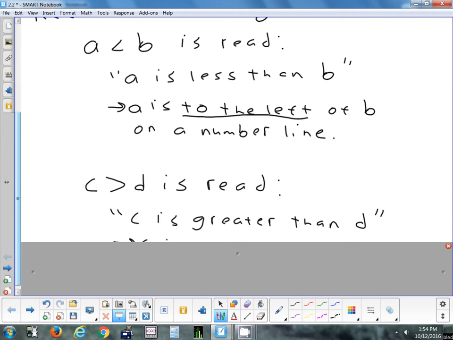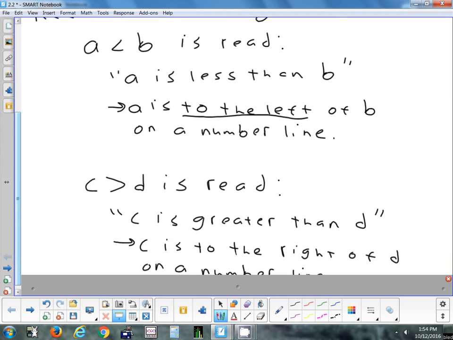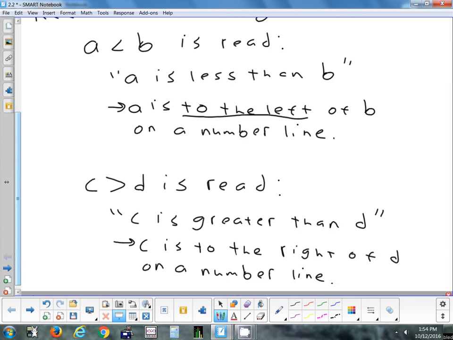Right, now I'm going to ask the same question about the direction. Trenton, if you want a number that's greater, which direction do you go? Do you go to the left or do you go to the right? Yeah, you go to the right. And I think it already says this on your notes. If a number is bigger than another number, it's to the right.